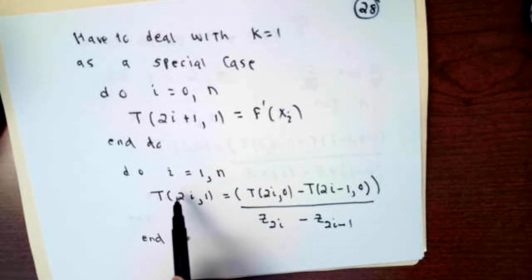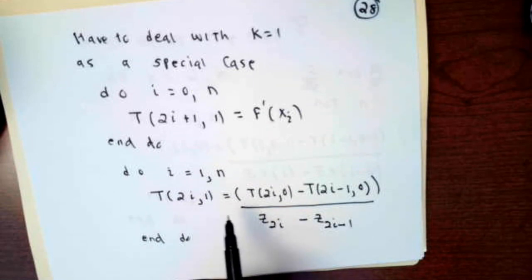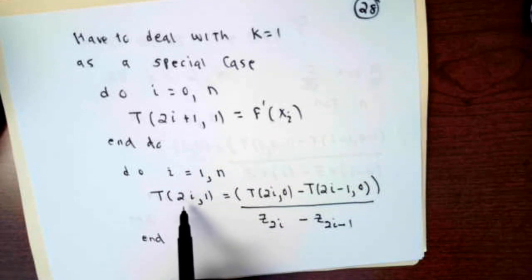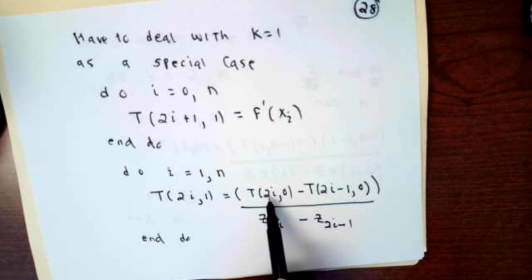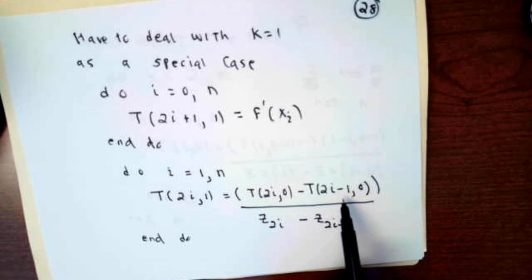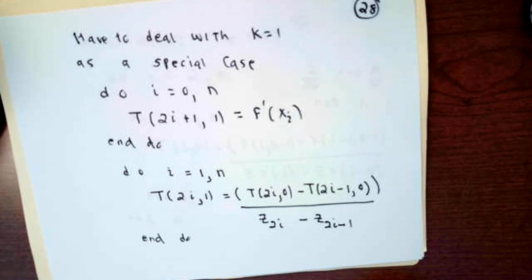So if I want to look at t number 2i, comma 1, which is something in column k equals 1 with an even index, I move backwards one column and look at t same row, comma 0, the one above that, minus 0. And on the bottom, I have to take the difference of two z values, the z value with the bigger index minus the z value with the smaller index. So I'm just doing the usual divided difference formula here.